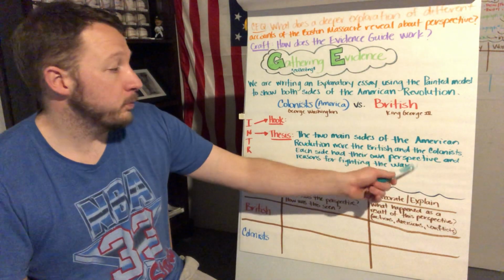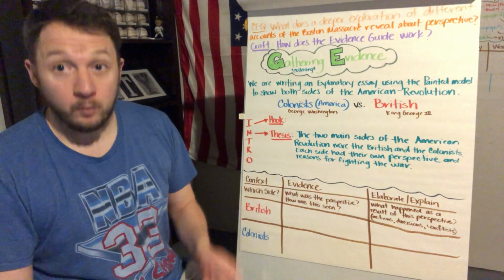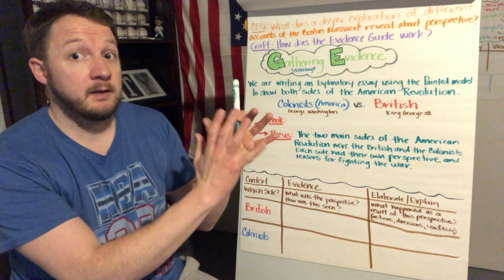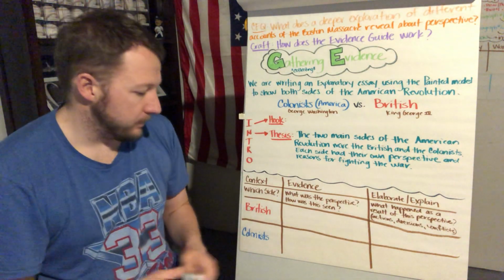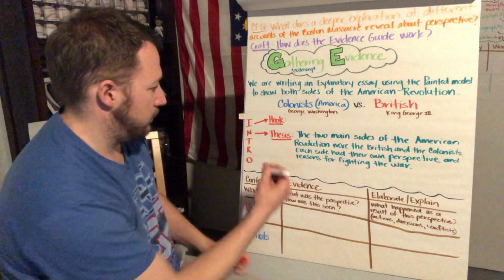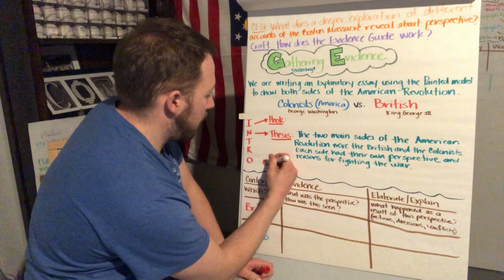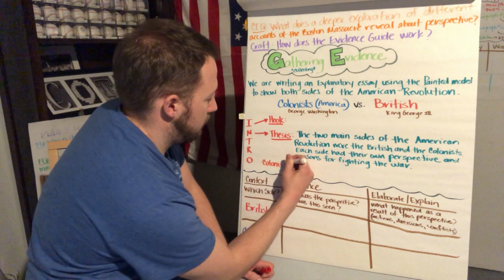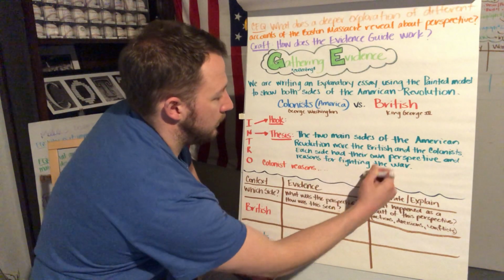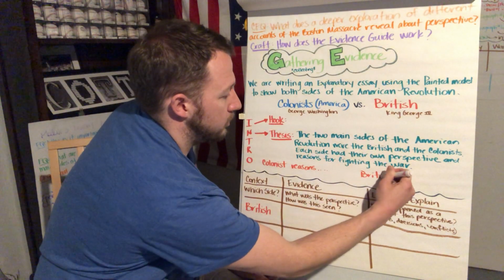Each side had their own perspective and reasons for fighting the war, okay? Just like you've seen on every chart, there's one side that's the colonist side, one side is the British side. Then your last two sentences would be the colonists' reasons, and then the British.